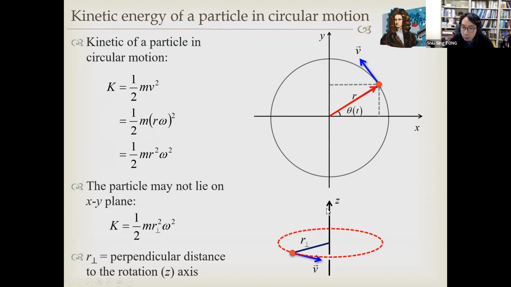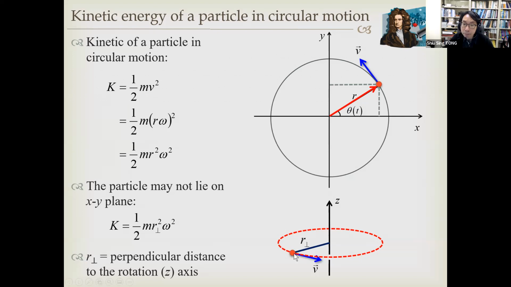We specify the axis of rotation like this. We call this the Z axis. If there's a particle rotating about the Z axis in a circle with a radius equal to r perpendicular, then the kinetic energy is simply half m r perpendicular squared omega squared. Now, r perpendicular is the radius of the circle and is also the perpendicular distance of the particle from the axis of rotation.